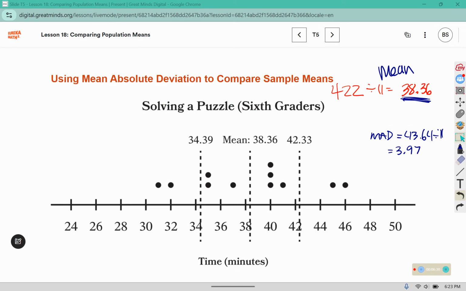So in this dot plot, you see they've marked the mean at the line. Then to get this value, they've added 38.36, the mean, plus 3.97, and that gave them this value here. And then we're going to find one deviation below the mean, so 38.36 minus 3.97, which is 34.39.